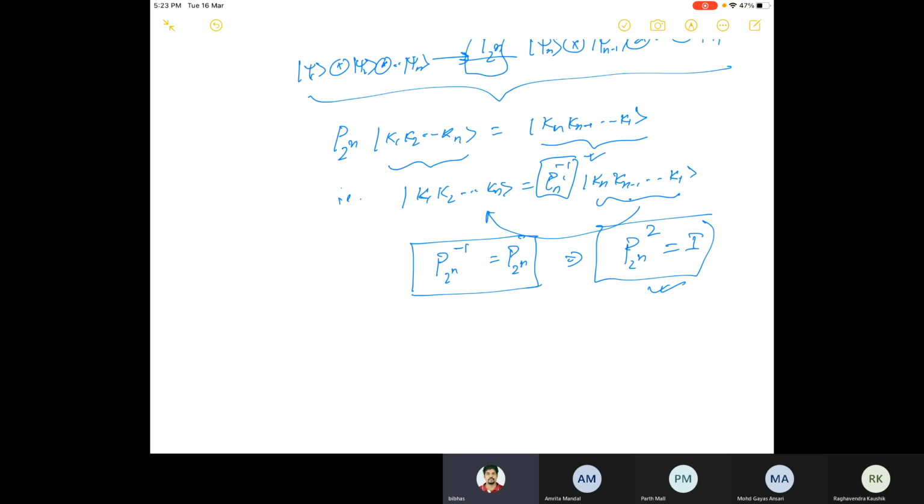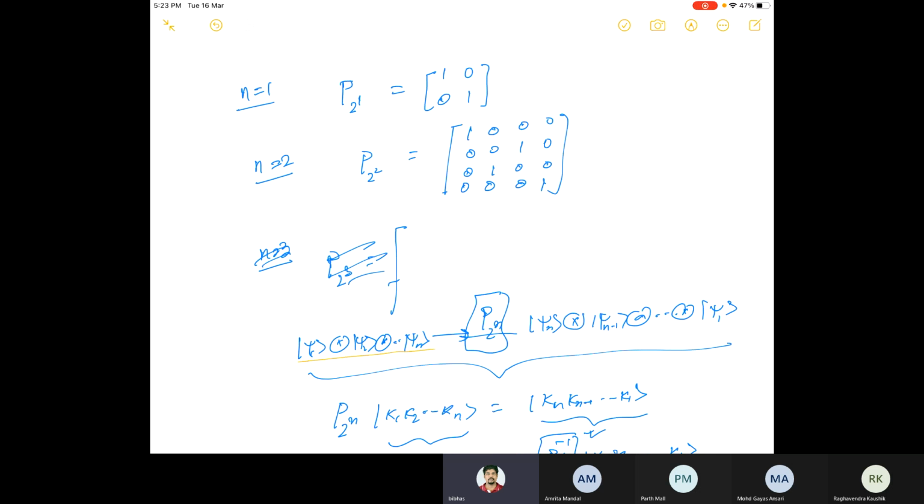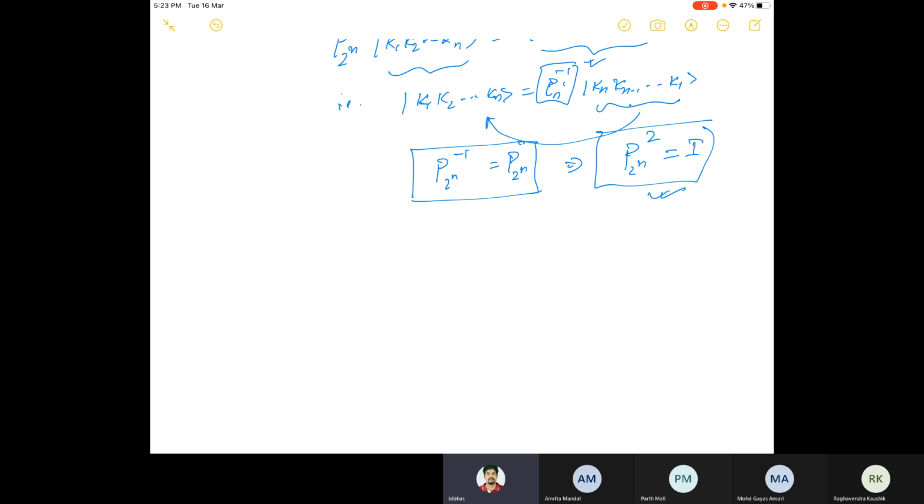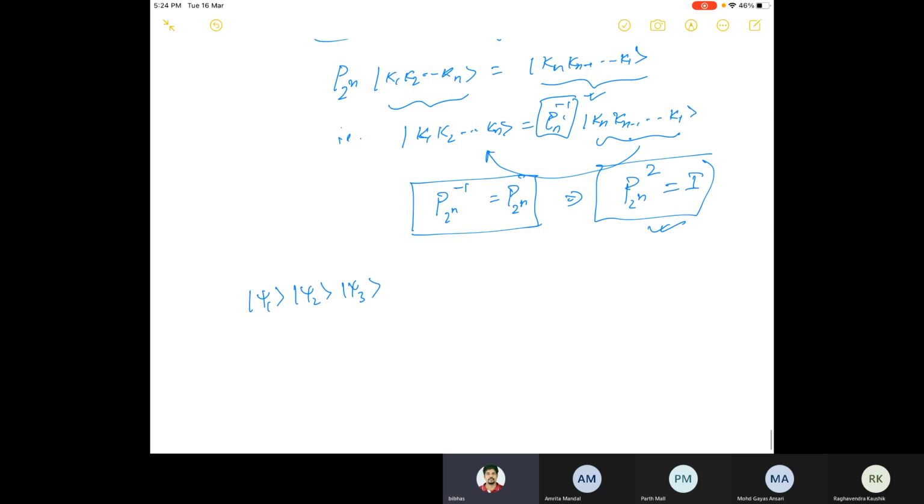Now we would like to use this property, for example, to construct P to the power 3. Consider any three qubit states, let's say psi 1, psi 2, psi 3. What I want is a matrix P to the power 3 which, if I apply it, will change the order of the qubits.